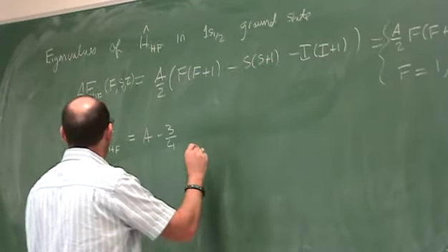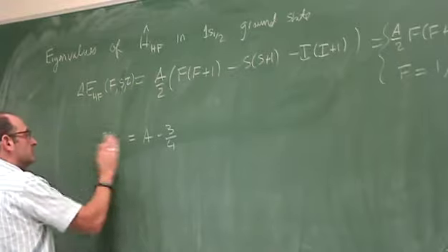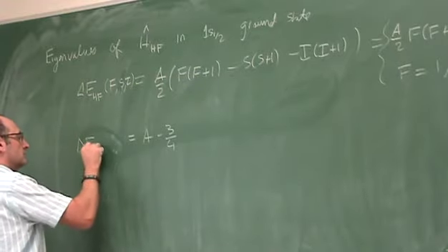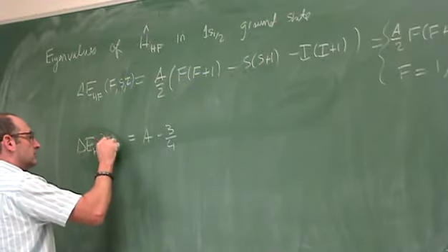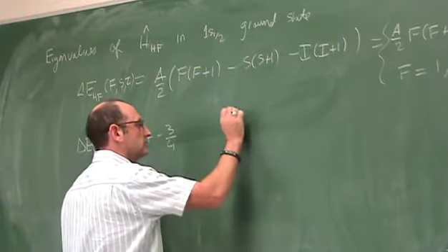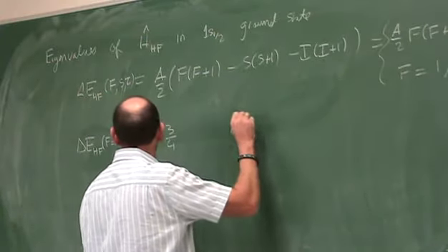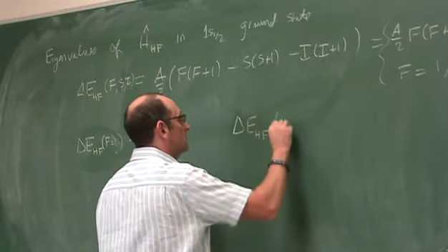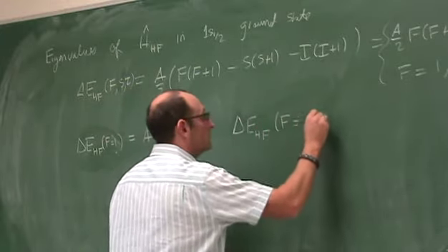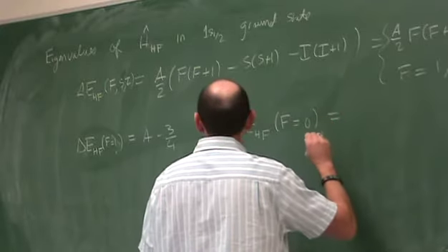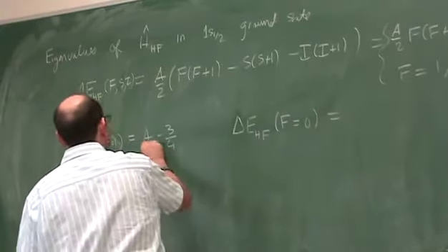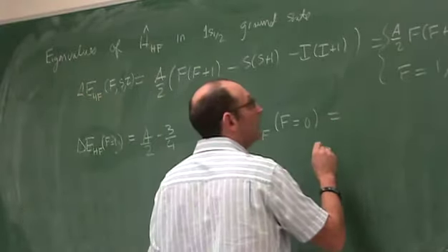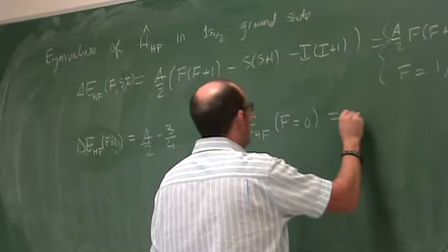And for F equals 0, the shift is, I guess, no, sorry, A over 2. The shift is minus 3/4.